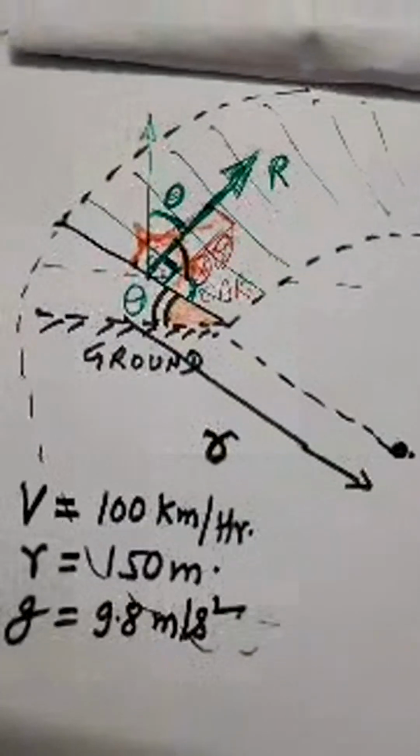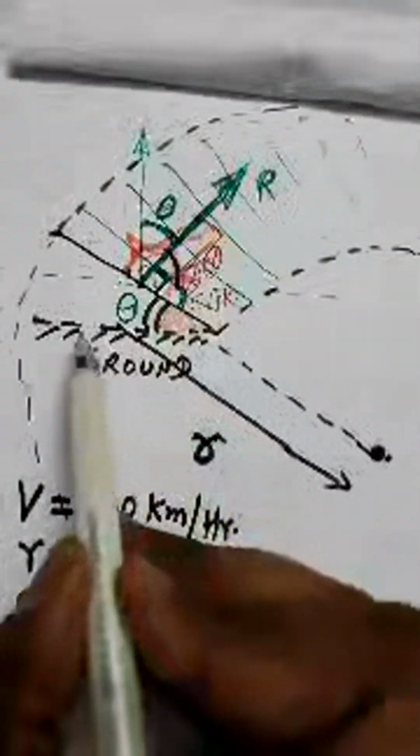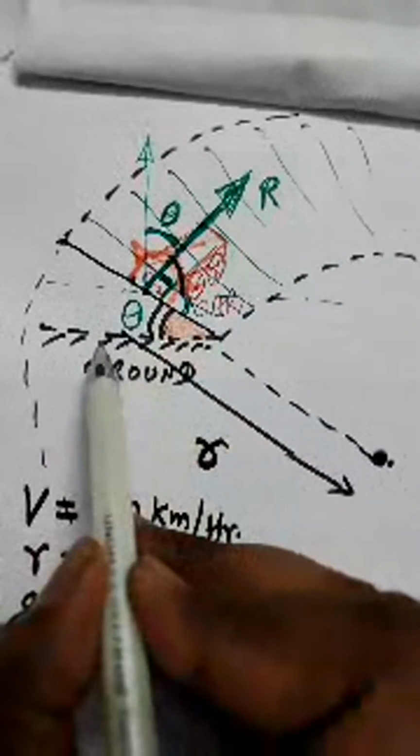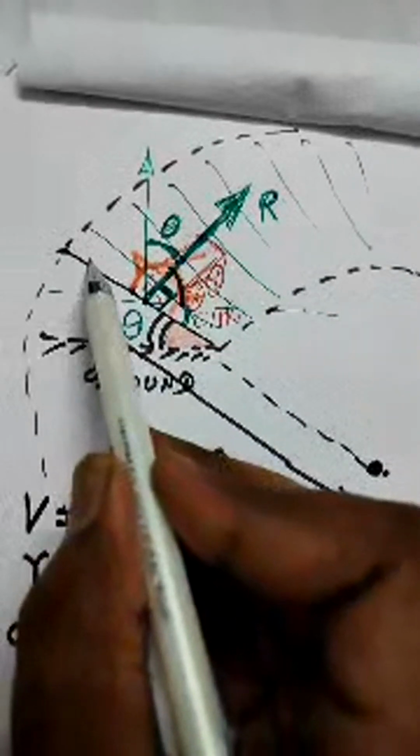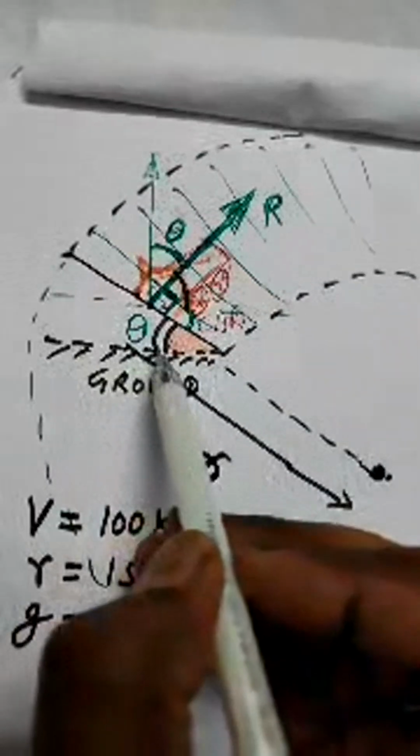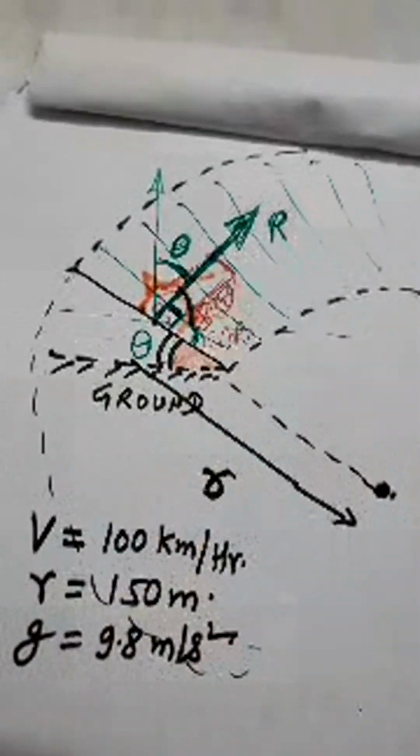Let me know. I am saying that if this is the ground, and with this ground the road is made like this, this is the banking of the road, right?